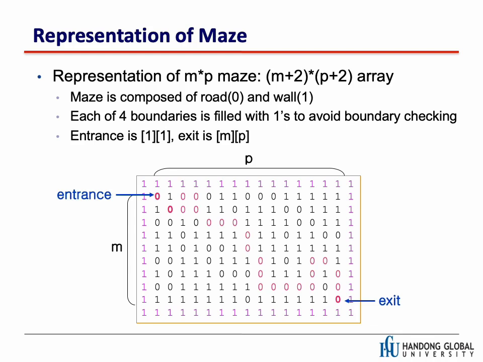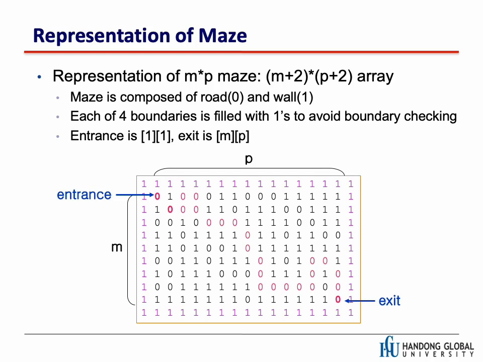The outside of this maze has walls, so we need plus 2 for the height and the width. The maze is composed of road and wall. As I said, 0 is open and 1 is closed. Closed means wall and open means it is road, so we can go through those positions. And each of the 4 boundaries is filled with 1s to avoid boundary checking.